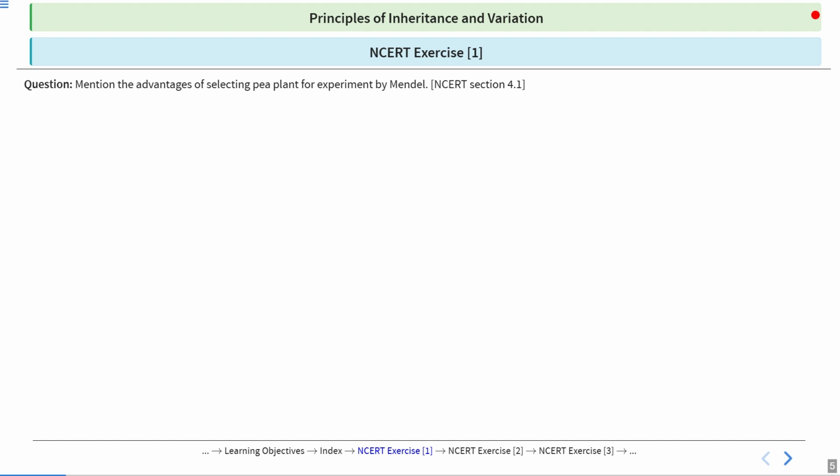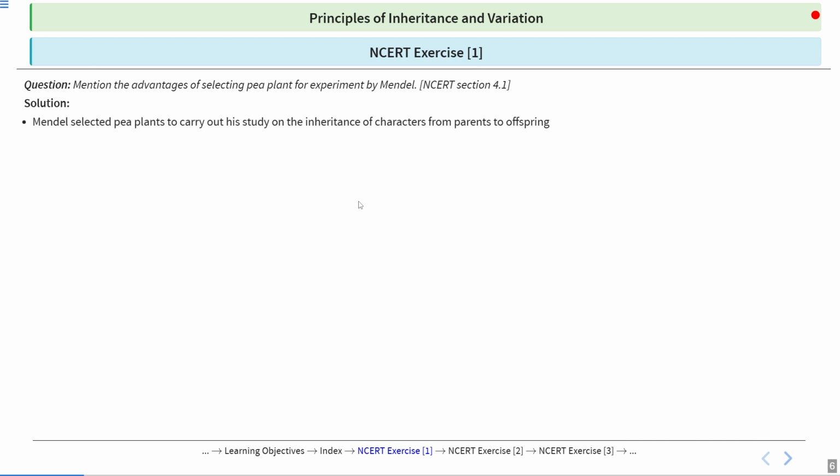So what will be the answer for this question? Let's have a look at the answer now. The advantages of using pea plant by Mendel were as follows.